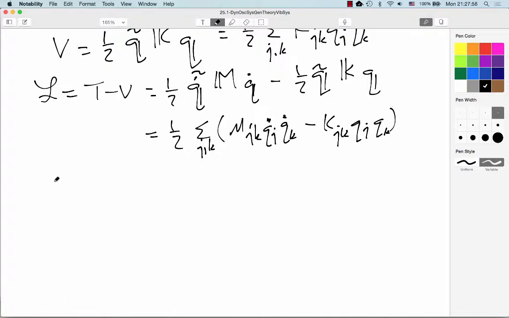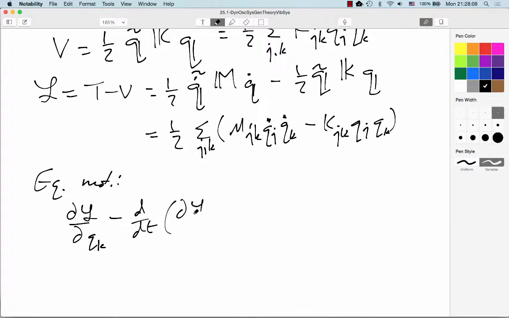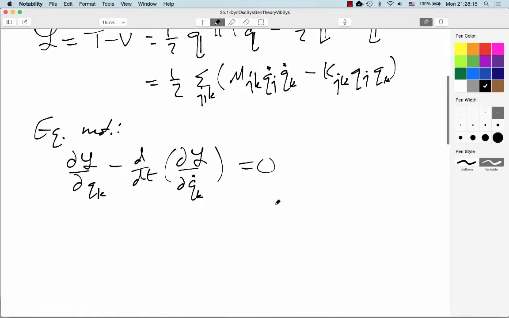So we can write our equations of motion as partial L partial qk minus d dt of partial L partial qk dot, and that's got to be equal to 0.